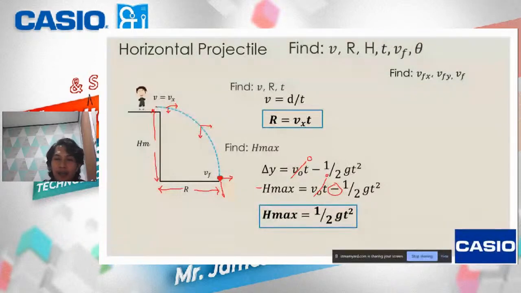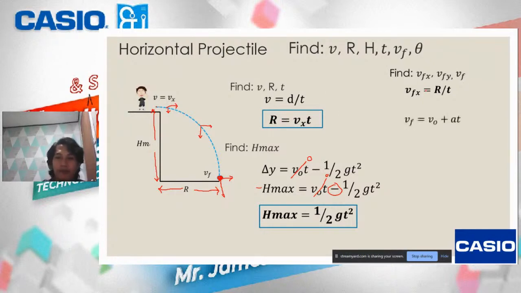Pero, na-neglect na rin siya dahil at this point, dito natin ma-reach yung pinakamataas na value ng ating y. So, to do that, since our final velocity along x is just the same as our initial velocity along x. Therefore, ito, inilipat lang natin galing dito. Okay? Because along x, constant naman siya.